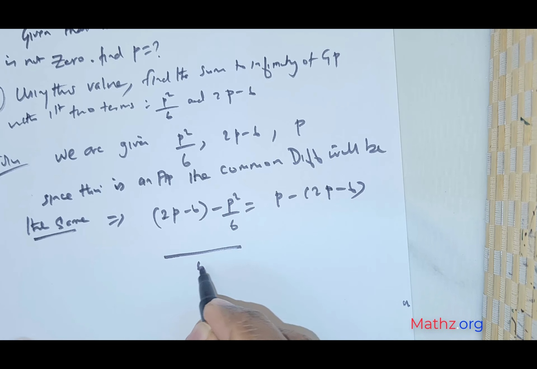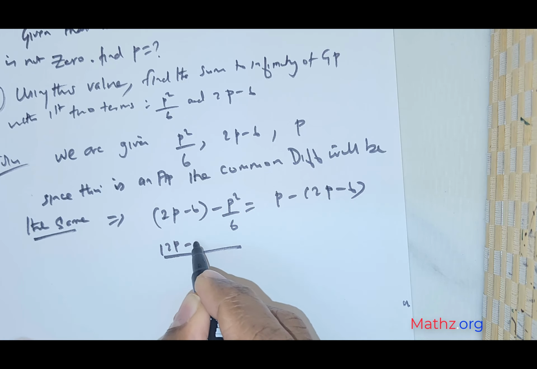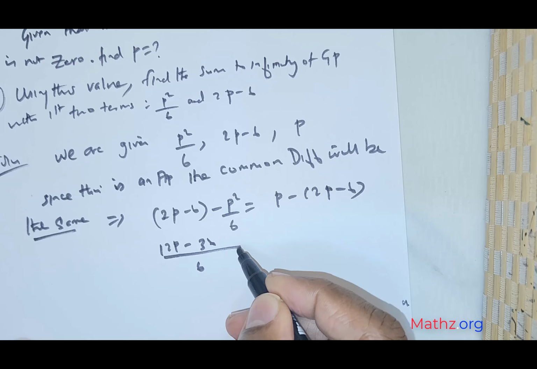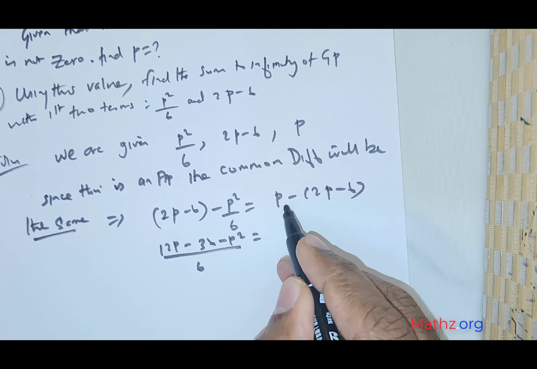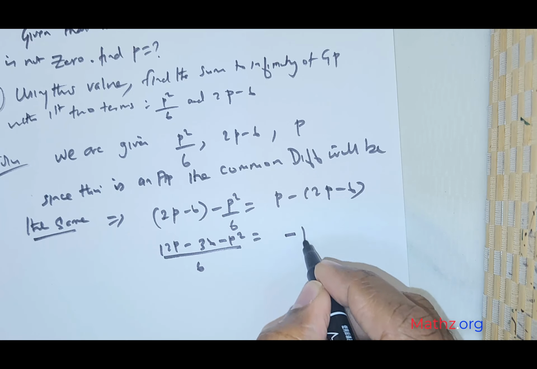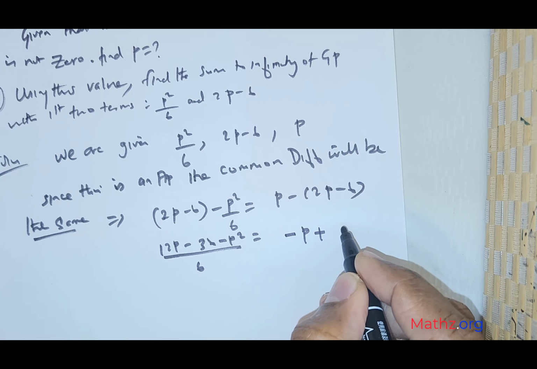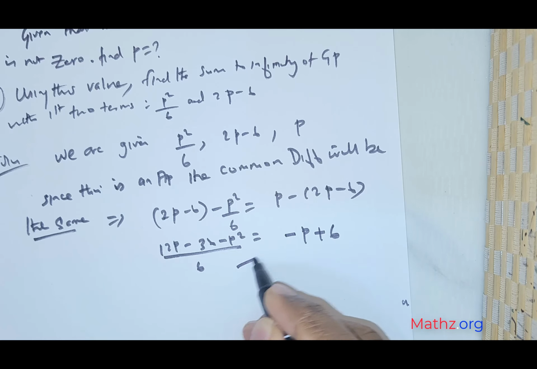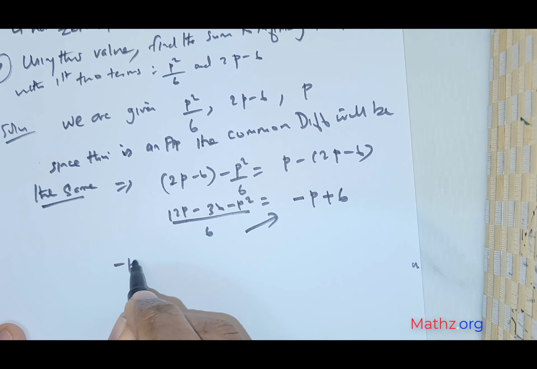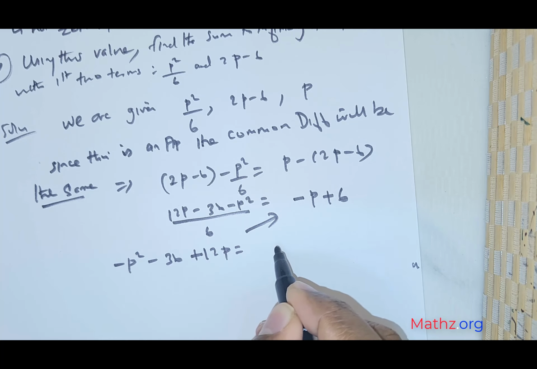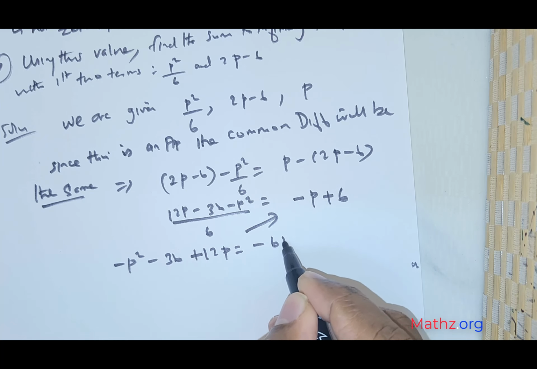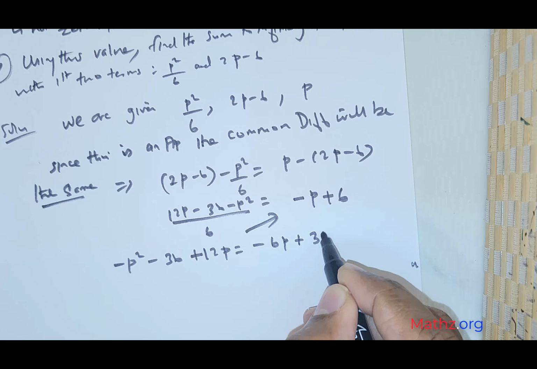So I take the LCM as 6 here. This is 12p − 36 − p squared, is equal to p − 2p, that's going to be −p, and +6. So you cross multiply, you get −p squared − 36 + 12p is equal to −6p + 36.